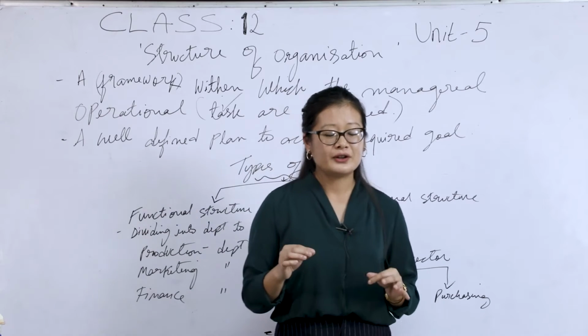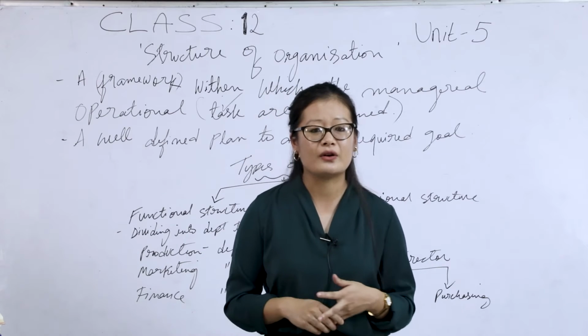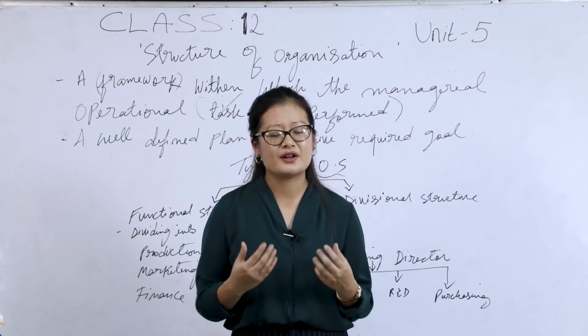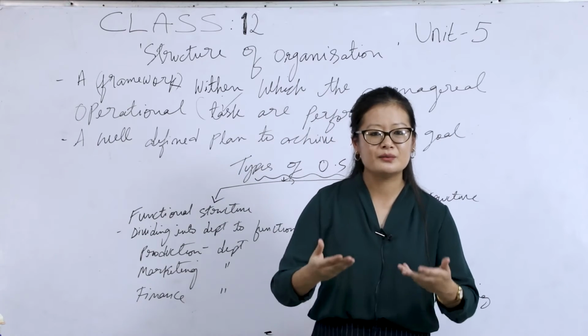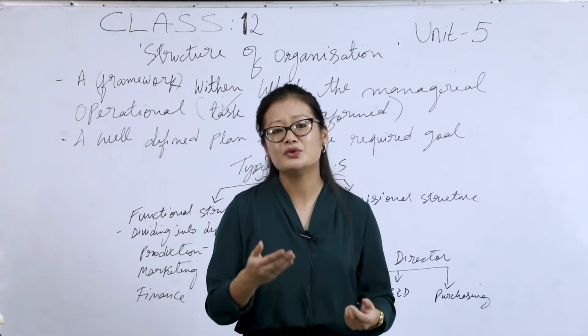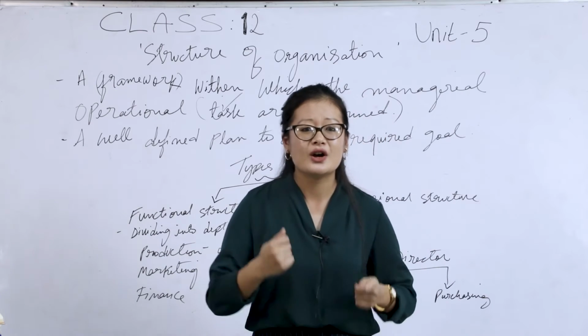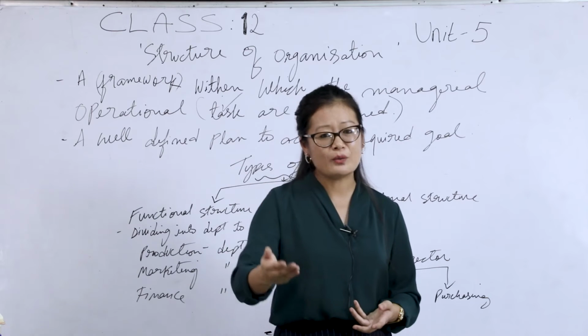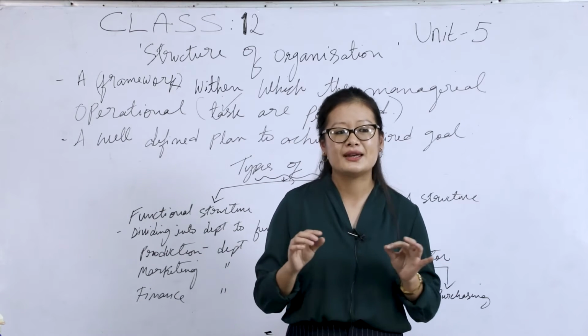However skilled, talented or trained the managing director is, he will definitely need someone under him to work for him. In the sense, he'll have to delegate some of his authority to someone, because he cannot do all the work by himself.